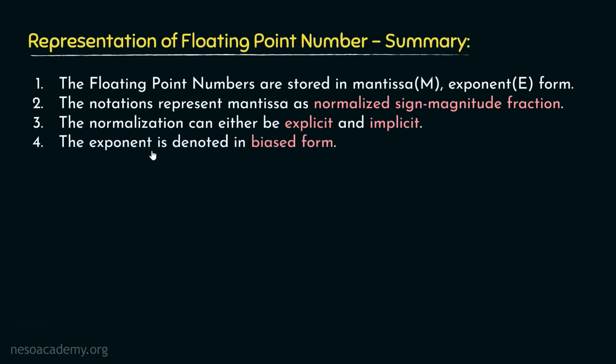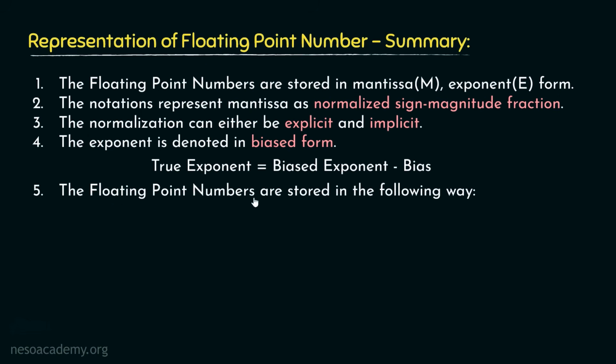Then, the exponent is denoted in biased form. Now, the true exponent can be retrieved from the biased form if from the biased exponent we reduce the bias only. And finally, the floating point numbers are stored in the following way, that is, we have the first bit, that is the MSB, denoting the sign. Thereafter, we will have some bits for exponent, that is the biased exponent.